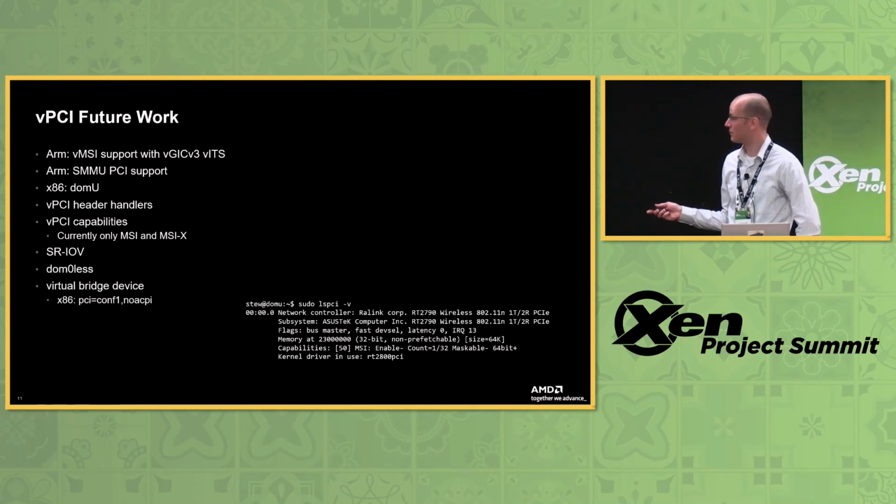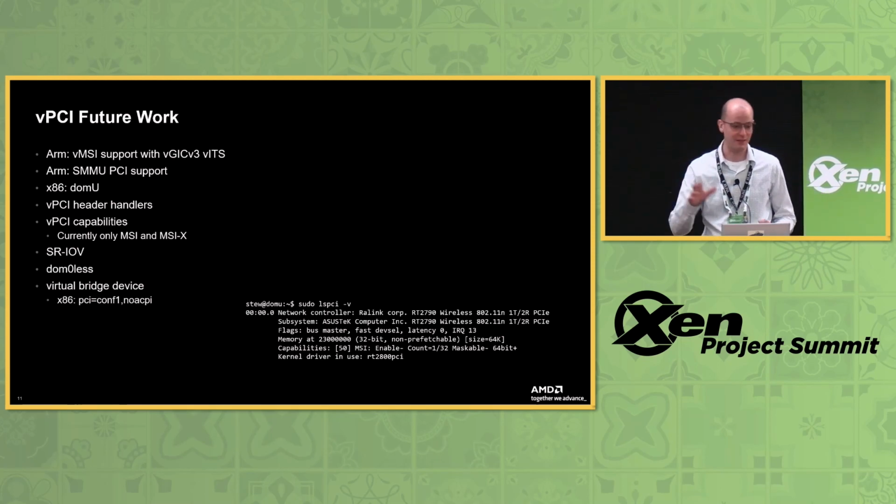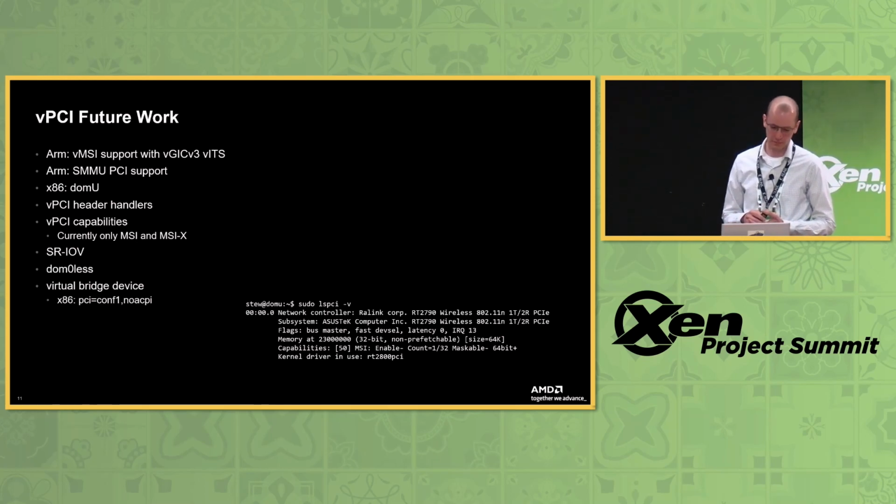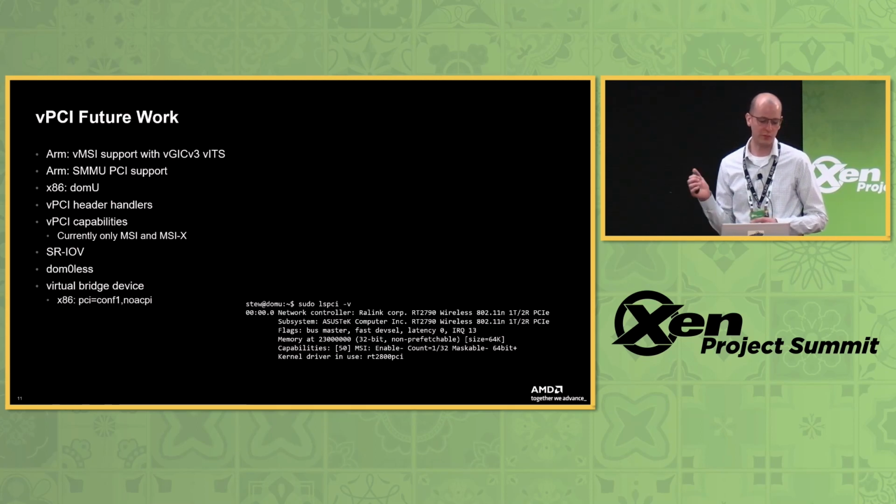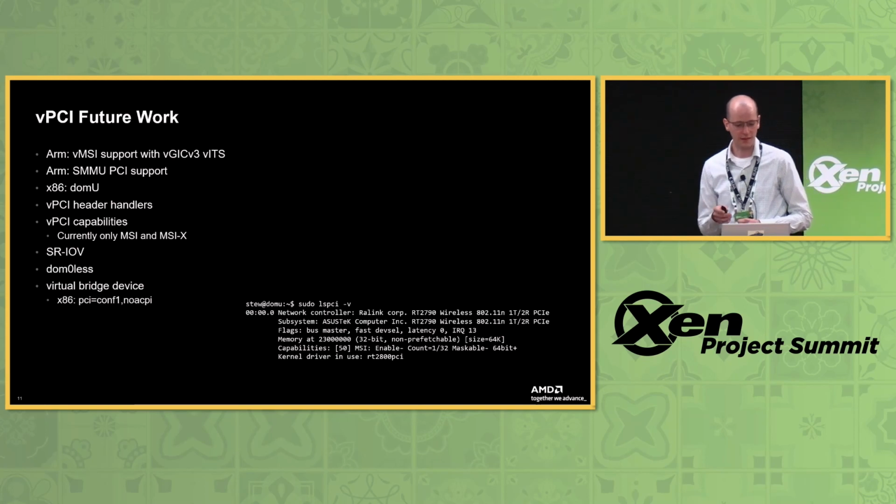On ARM, this one, vMSI support with GICv3 vITS, exists in a downstream branch, and a colleague from ARM is helping to upstream this. SMMU PCI support, again, exists in a downstream branch, and it's on my never-ending to-do list to submit another revision of this series.